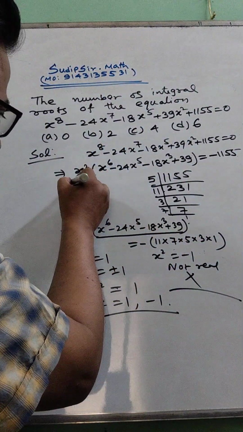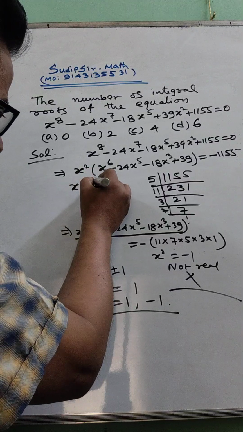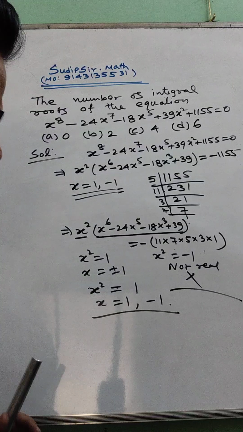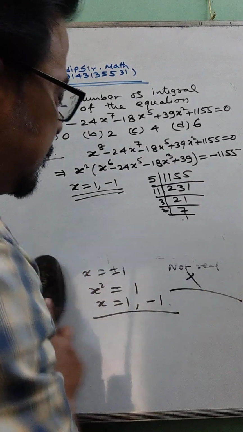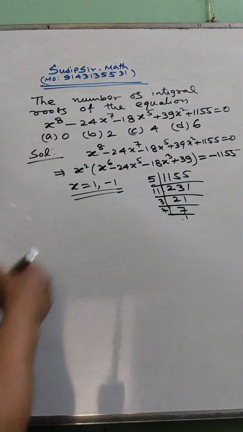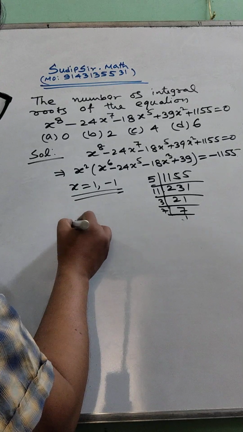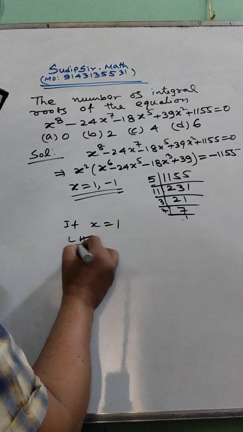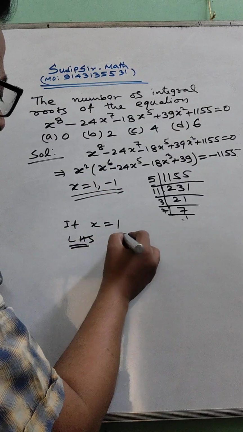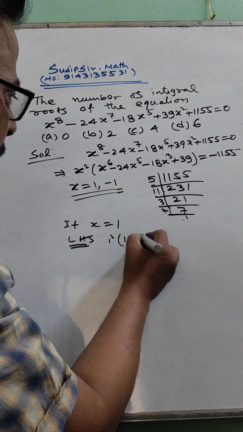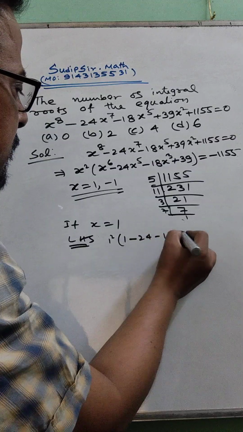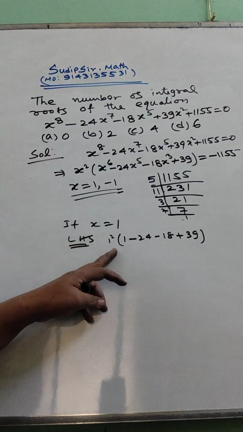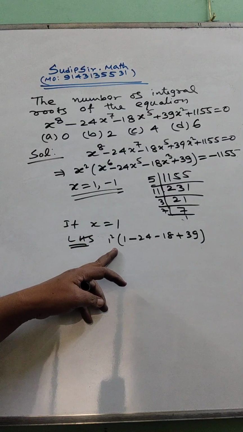Okay. Now x may be 1 or minus 1. Now we have to check LHS and RHS. If x equal to 1, LHS will be 1 square, that is 1, minus 24 minus 18 plus 39.